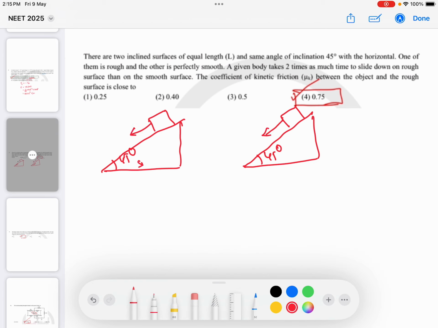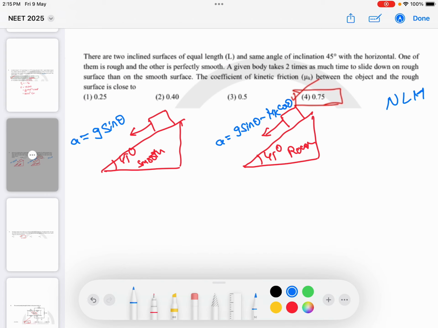This can be taken as the smooth surface, this can be taken as the rough surface. According to smooth surface, acceleration of the body can be taken as a equal to g sin theta. According to rough surface, acceleration can be taken as g sin theta minus mu k into cos theta. Your chapter belongs to NLM. Okay, so these 2 are given.